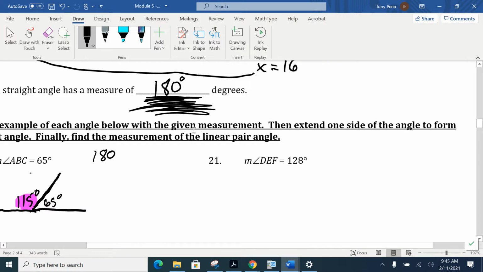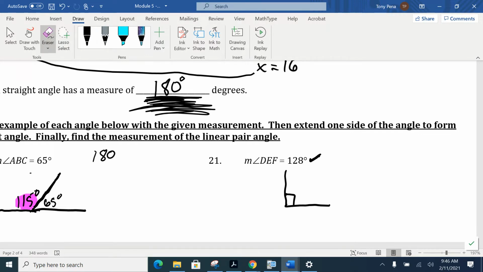Good. All right, so then 21, same idea. Don't draw all that out yet. If this is a 90-degree angle, and I want my angle to be bigger than 90, the way I'm going to make this angle bigger is by now moving it off in this direction. So this, we could say, could be a 180-degree angle.